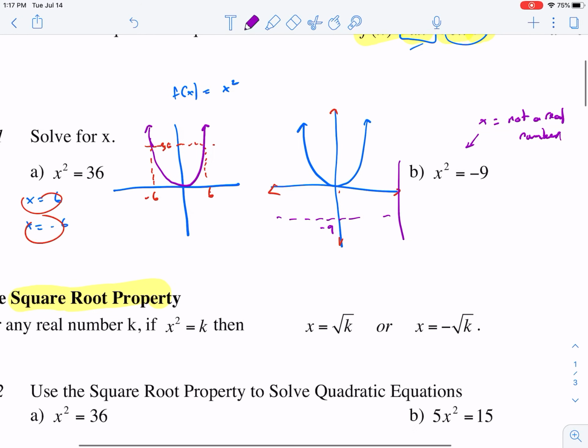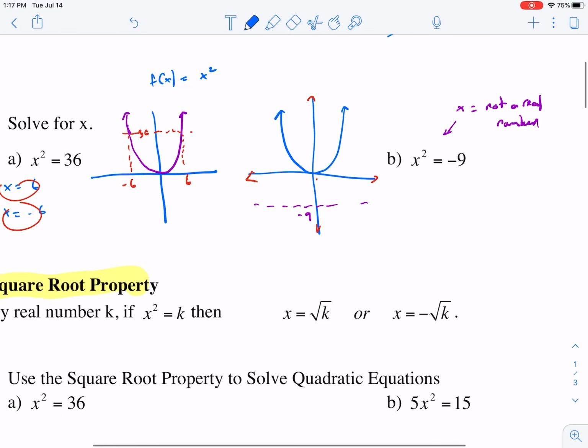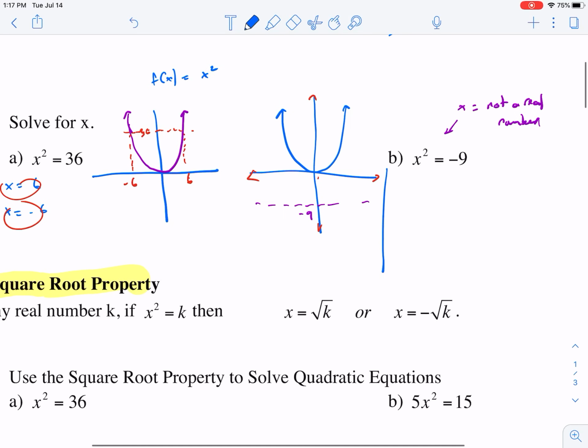However, in 7.8, we introduced the complex number system, so we can solve this using the complex number system. To do that, we learned that we can take the square root of both sides. If we do that, the square root of x squared, and the square root of negative 9 is going to be 3i.